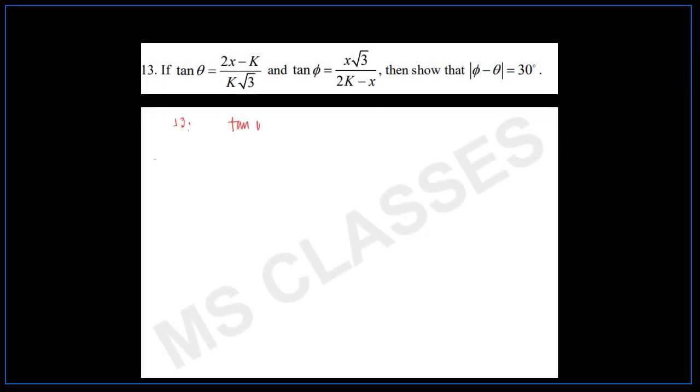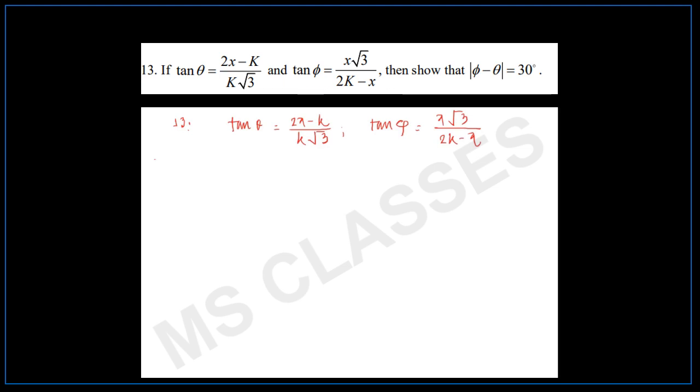It is tan theta equal to (2x minus k) by k root 3 and tan phi is given as x root 3 by (2k minus x). And we have to find the value of tan of mod phi minus theta, obviously.